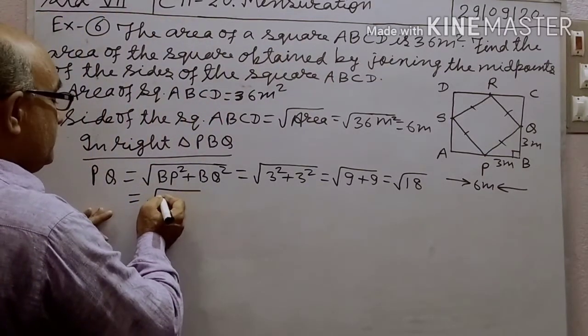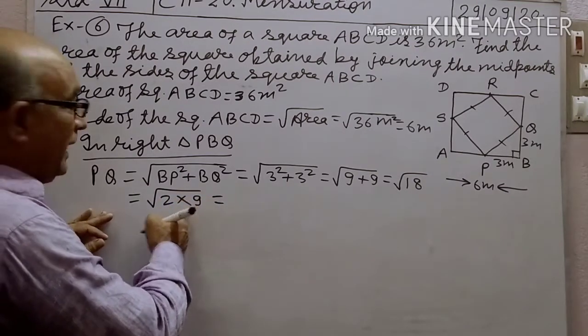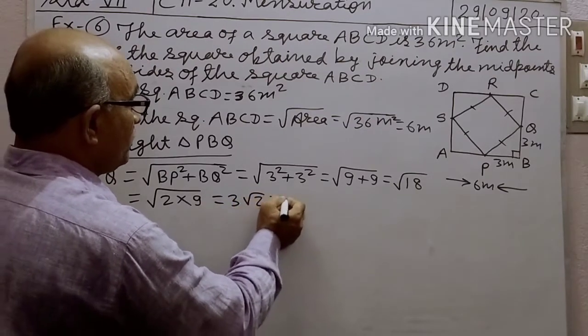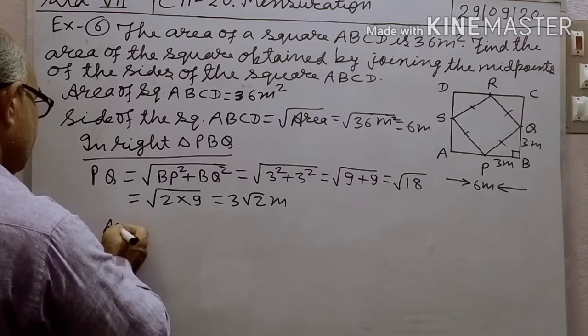Root 18 means 2 into 9. The square root of 9 is 3. So 3 root 2 meter.